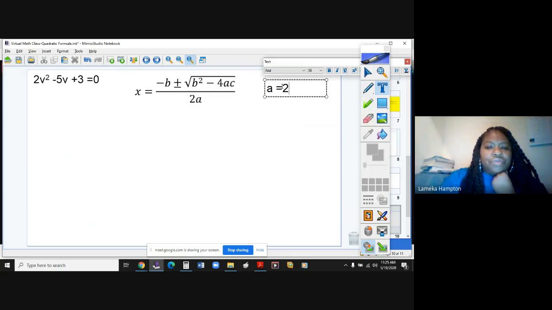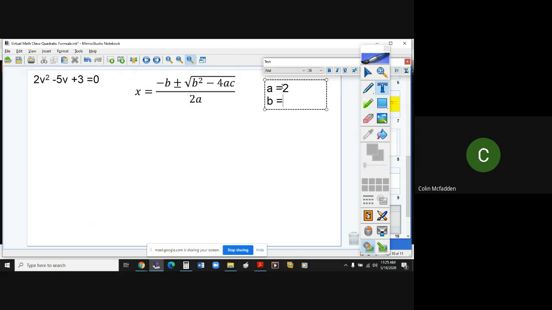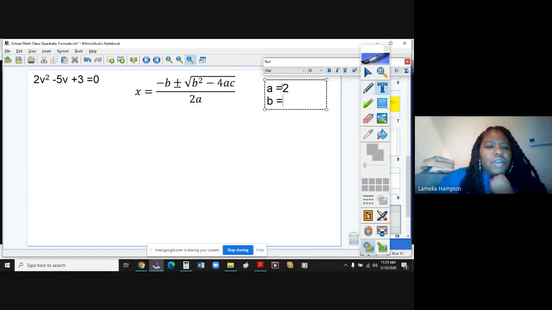So it's 2. And then what's my number for the second term, which is b? Negative 5v. Yep, negative 5. So remember, we're only dealing with numbers, so you necessarily don't need the variable. We don't even care about him. And now my C, which is the number just by itself, which is the constant, would be 3.